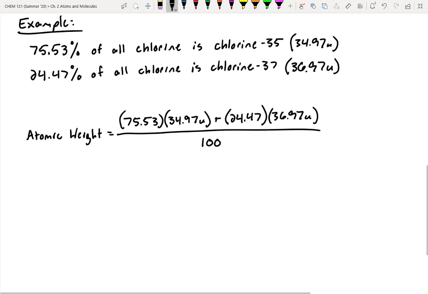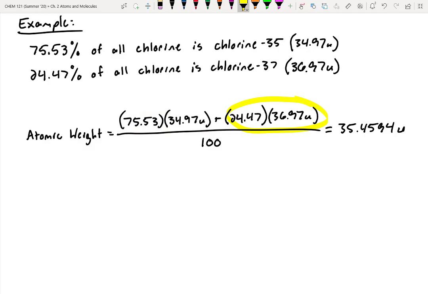All right, let's zoom out a little bit. When I do the math here, I'm getting 35.4594 atomic mass units. But let's pay attention to sig figs, right? According to our multiplication rules, we shouldn't be left with any more than 4 sig figs there. If we follow the addition rules, it doesn't really change much.